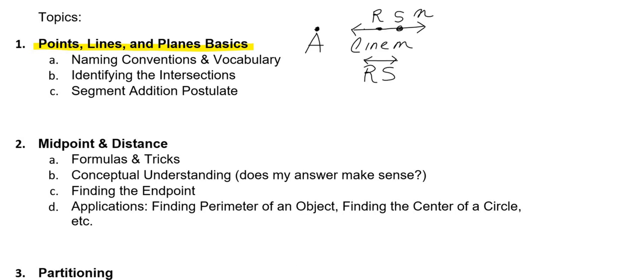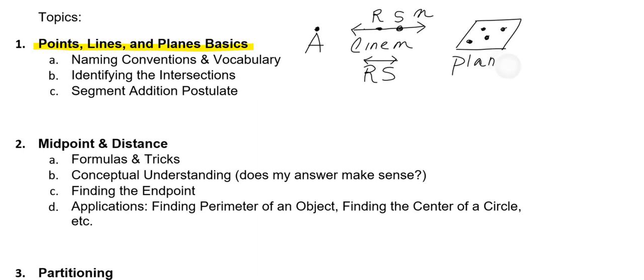The next thing that I want to talk about is a plane. A plane usually is pictured as a parallelogram, and you'll see that there are different points on it. Sometimes they don't show you the points, but for what we're looking at today, I'm just going to draw a couple of points on here. Okay, so there are 4 points on this plane. A plane is just a surface.